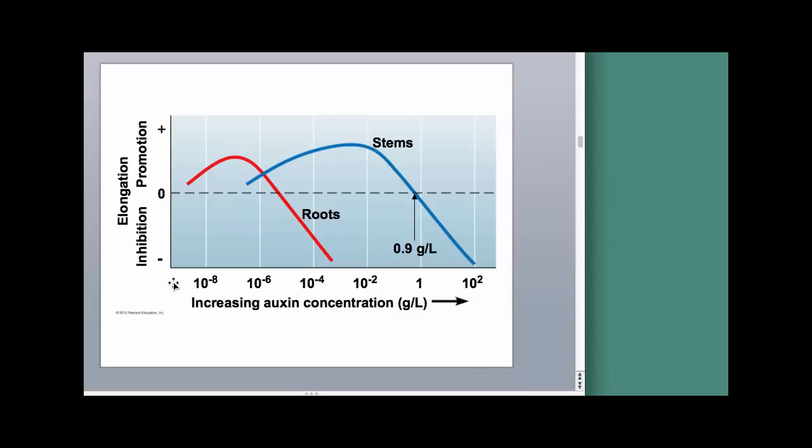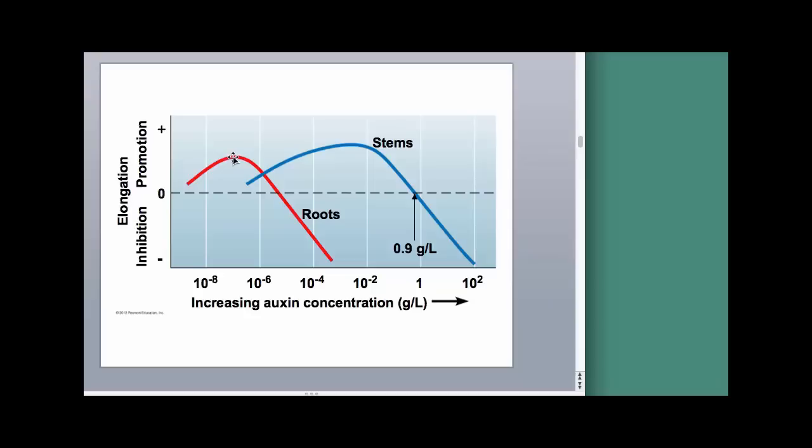So when we look at this figure, we have this increasing concentration in grams per liter of auxin, but we also want to look at the fact that we have 2 scales on the y-axis for us. We have promotion and inhibition, suggesting that if you have the perfect concentration of auxin, in this case in our root line here, about 10 to the -7th grams per liter is a perfect concentration to promote root growth.